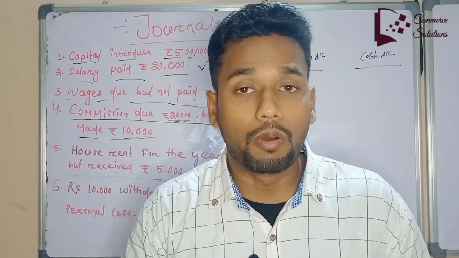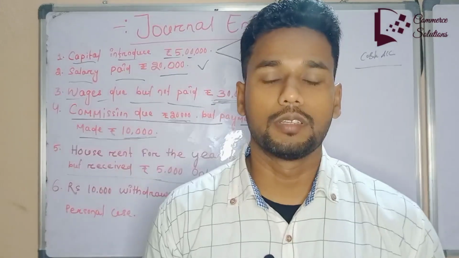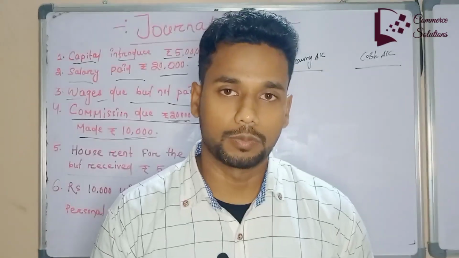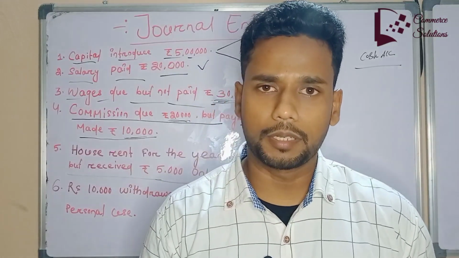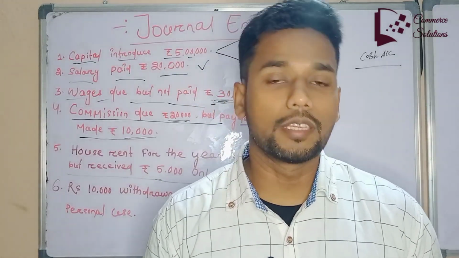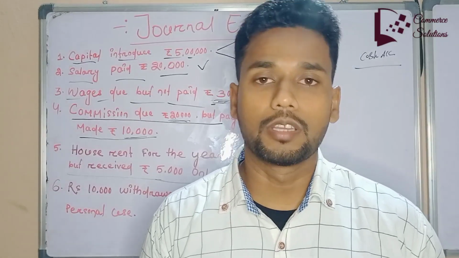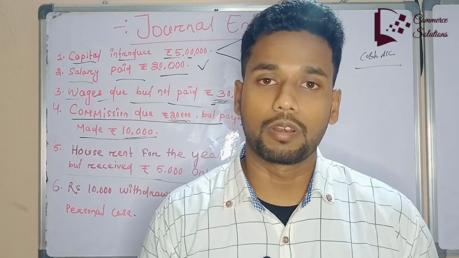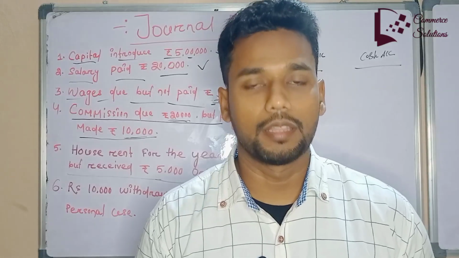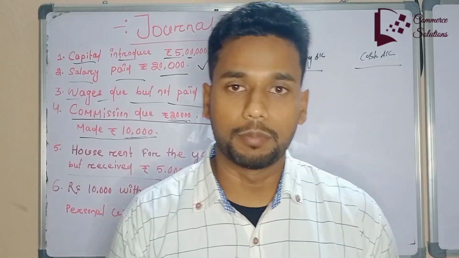So here drawing is which aspect? Is drawing a giving aspect or a receiving aspect? Here drawing is a receiving aspect because the business will receive that money from the owner in the future.